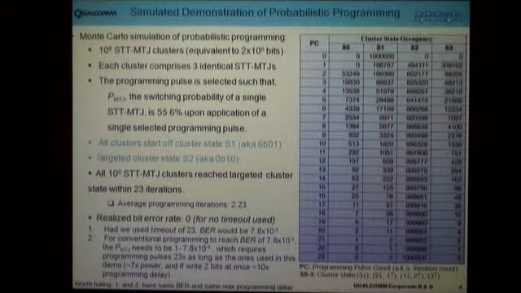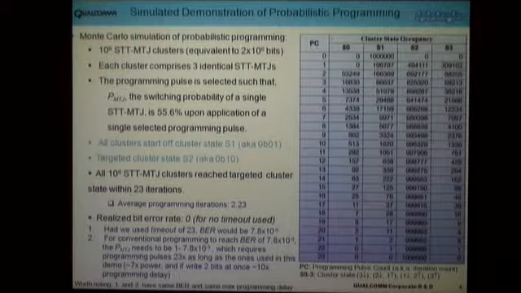The programming pulse is selected such that the switching probability of a single STT-MTJ, PMTJ, is 55.6% upon application of a single selected programming pulse. All 1 million STT-MTJ clusters start from the state S1, which has only 1 out of 3 composing STT-MTJs in the anti-parallel magnetization state.